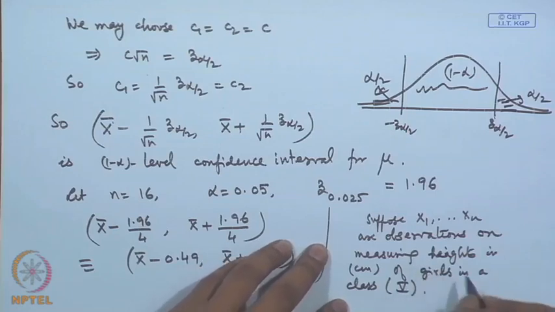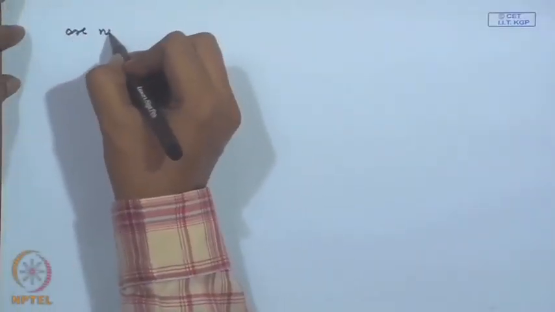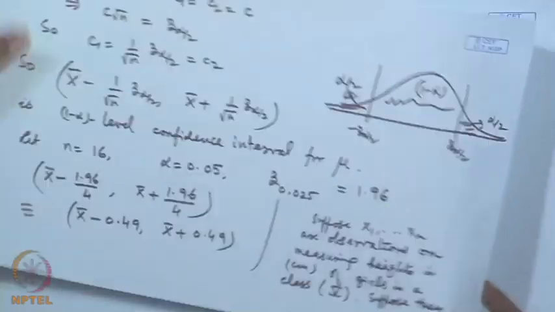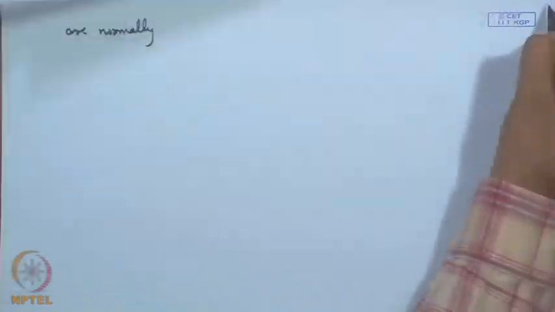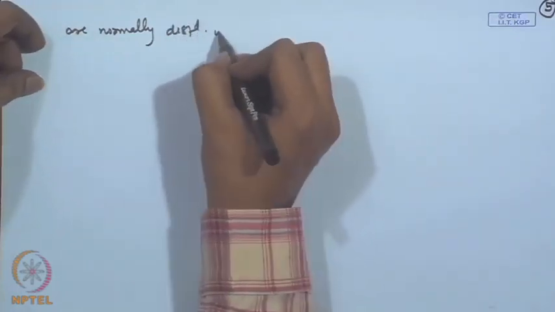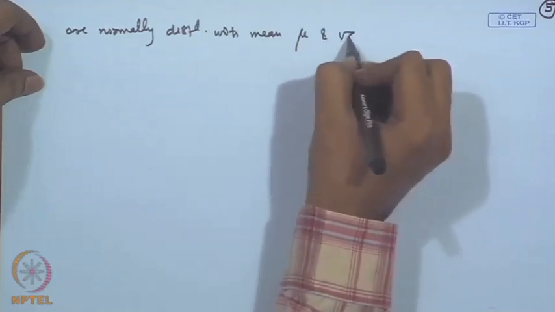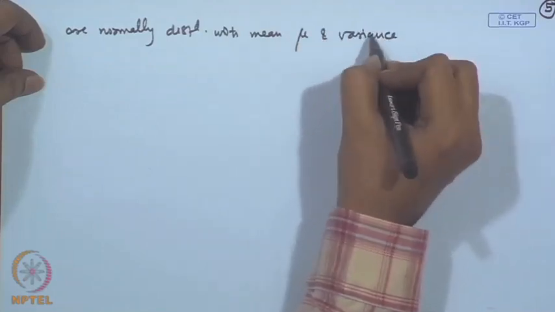And the heights in centimeters are suppose normally distributed with mean mu and variance 1.